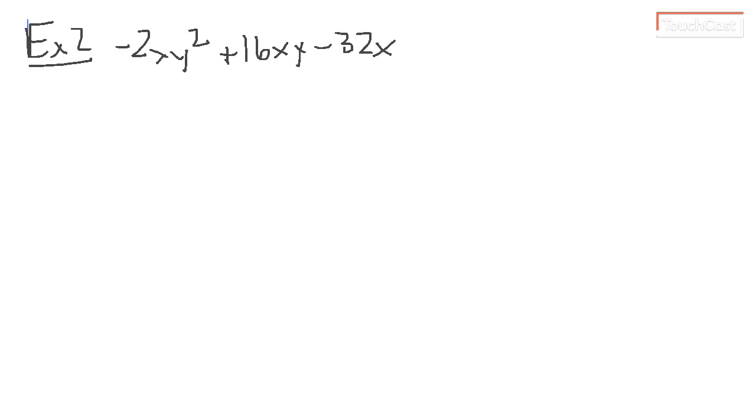Now the first thing we do is we look, what do all three terms have in common? Well, I see they all have an x, so we're going to factor that out. I also see they're all divisible by 2, so we're going to factor that out. And then we also, in class, talked about how if our first term is negative, we can factor that out, and that's just going to change the sign of every term. So that means the first thing we're factoring out is negative 2x.